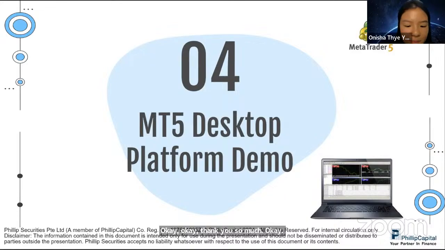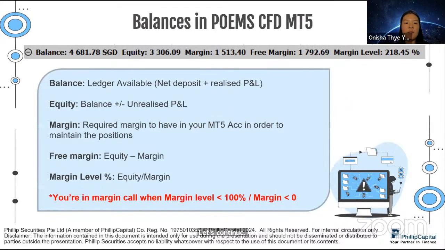Now let's continue. Here we have the balances in POEMS CFD MT5, which I just showed you. These are the more detailed explanation and some mathematical calculation for it. The balance is the ledger available, which is the net deposit plus the realized P&L, while equity is the balance plus or minus the unrealized P&L.